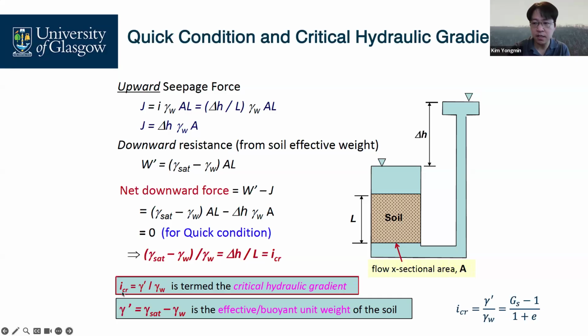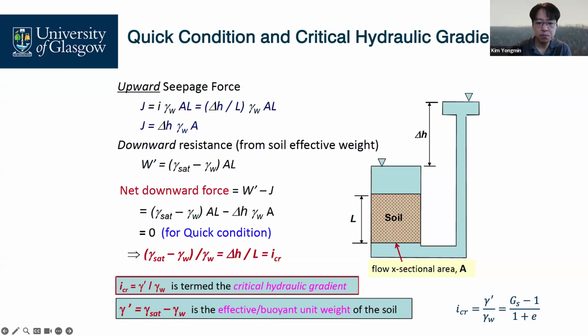So i critical is the critical state of the hydraulic loss. You call it the critical hydraulic gradient. If the upward seepage force is greater than the downward, it is a very dangerous situation. So we need to have some margin for the critical hydraulic gradient, for example, a factor of safety N of 2 or 2.5 times, against the resistance of the soil, the self-weight, so-called effective stress.